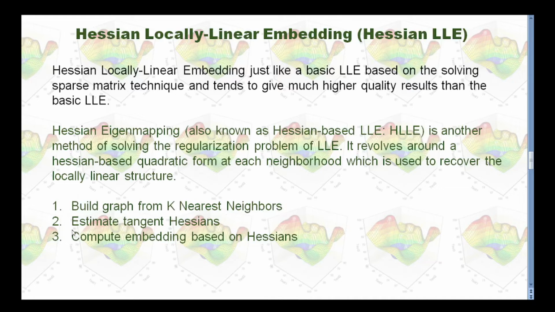But the next step, it will estimate tangent Hessians. This is different. And then lastly, it will compute the embedding based on Hessians. So the basic or regular LLE will calculate the weight based on the distance among those neighbors of the data points. But for Hessian, it focuses on tangent Hessians.